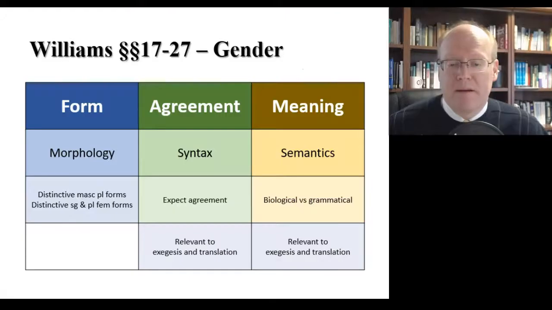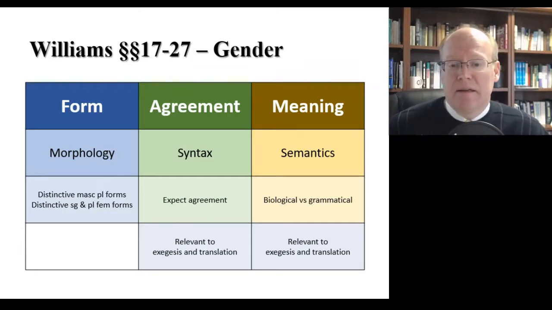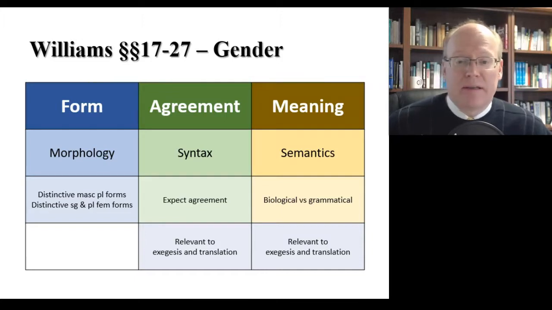There is also semantic gender, or gender of meaning, and by semantic gender I mean that the item to which a word refers may be actually masculine or feminine biologically, or the word may just be morphologically masculine or feminine, but the object to which it refers does not have natural gender, and so we would consider it neuter in English.